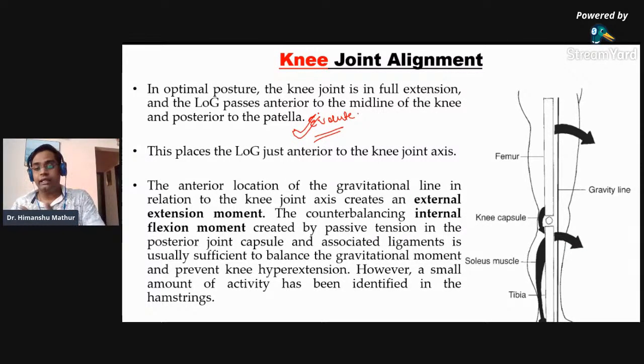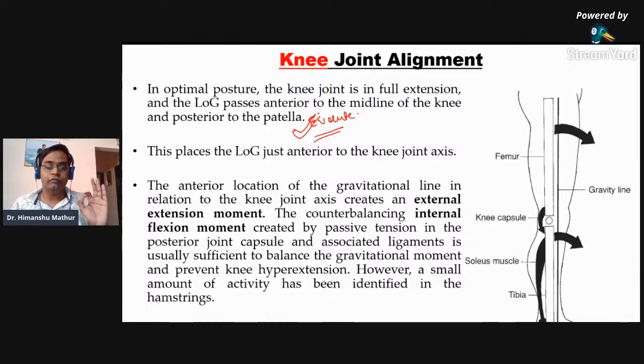If it is in front, it always favors the extension moment, the extension torque, and it physiologically generates an extension torque. Now, since a physiological extension torque is being generated here, everybody of us does not have genu recurvatum, correct? You agree with that?